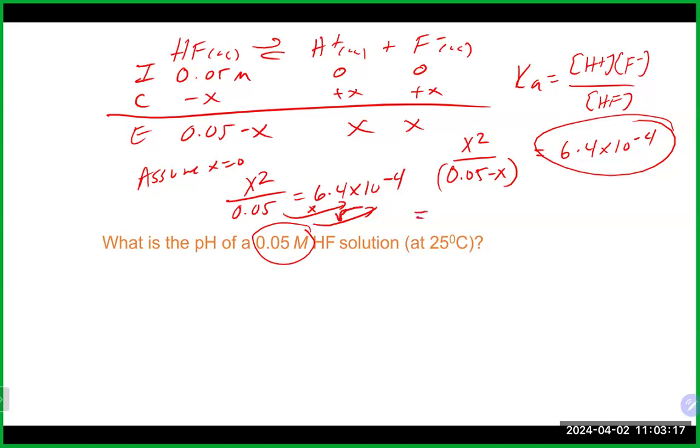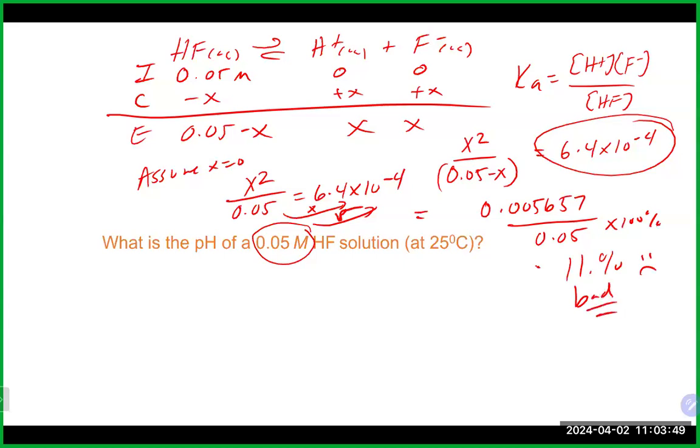If you do that, 6.4 times 10 to the minus 4 times 0.05, and take the square root, that's going to give us 0.005657. If we divide this by the 0.05 and multiply by 100%, we end up with 11% or so, which means this is a bad assumption.